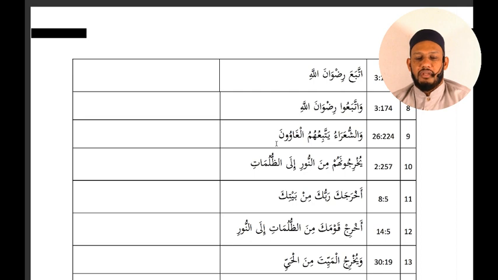Number 10. يخرجونهم من النور إلى الظلمات. أخرج يخرج, fourth verb. Look at the end of this. يخرجون.